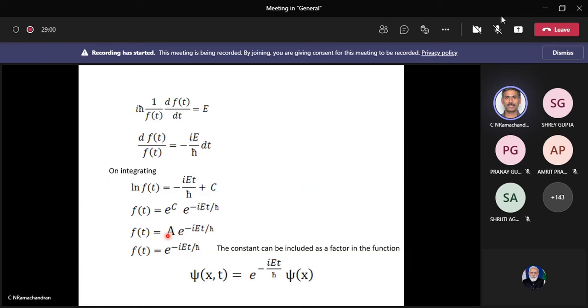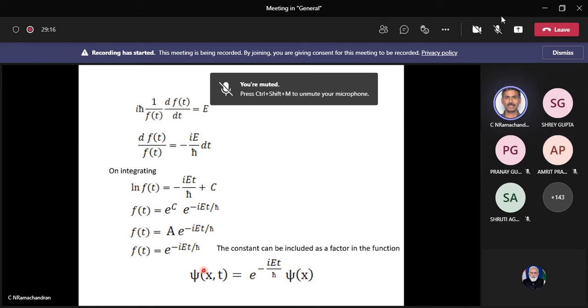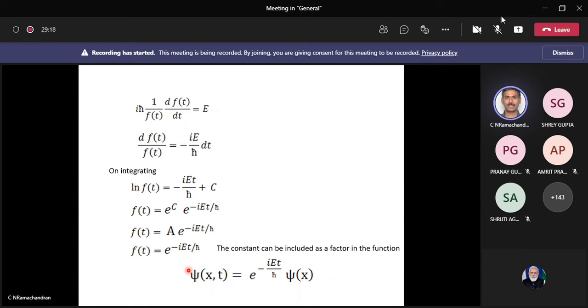Even if you take A into consideration, I have no problem. If you have doubt, you write A here. So here it will be A into e^(-iEt/ħ) psi(x). Now I want to normalize my psi(x,t). So at that time I will be doing the integral from minus infinity to plus infinity, and so on.